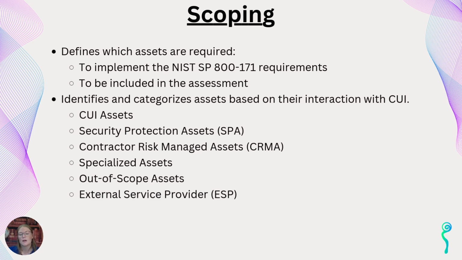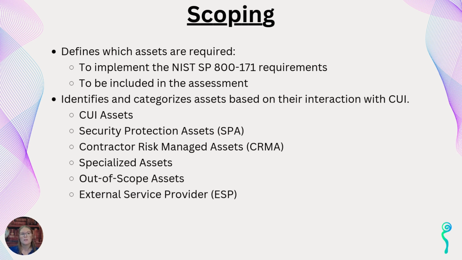And then using that understanding, you will categorize your assets with the categories shown here. And that categorization is going to drive the specific requirements that need to be implemented for that asset and how that asset comes into play during an assessment.